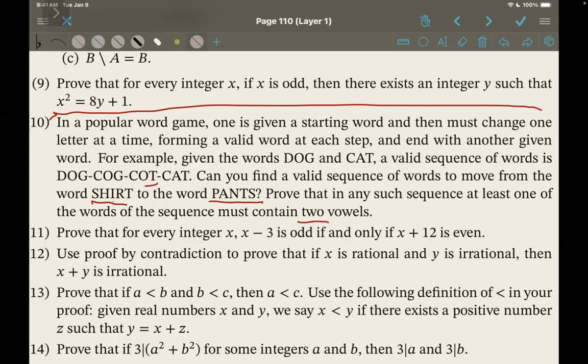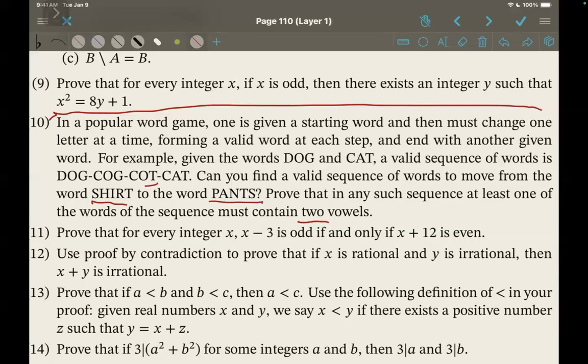Neither of these has 2 vowels to begin with, but somewhere in the sequence, there is a word that has 2 vowels. So first, find a sequence. Talk with your neighbors.